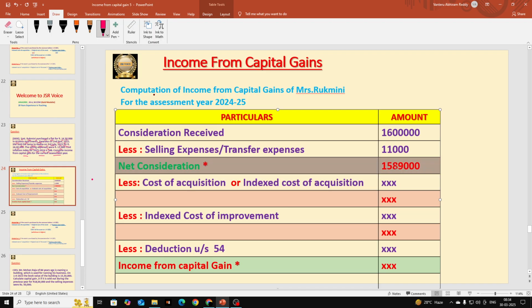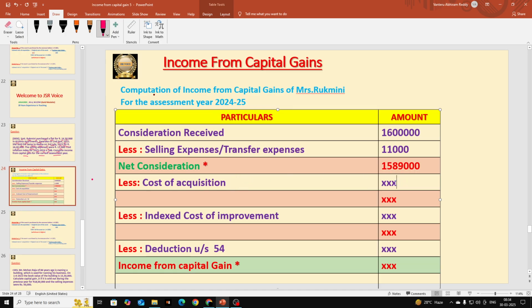Already I recorded it in the format, you can check it. After this we should deduct either cost of acquisition or indexed cost of acquisition. If our asset is a short-term asset, we deduct the cost of acquisition. If our asset is a long-term asset, we deduct indexed cost of acquisition. Here our asset is a short-term asset because the flat is used for less than 2 years and sold off. So we are going to deduct only cost of acquisition.